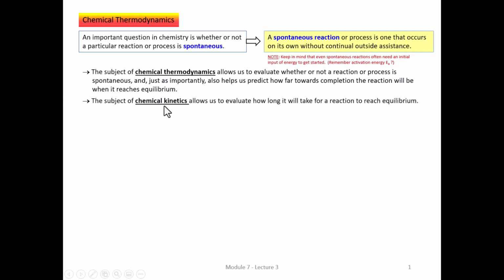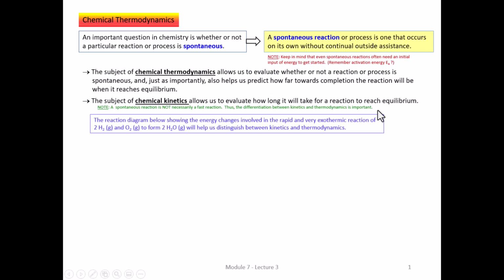On the other hand, the subject of chemical kinetics that we covered previously allows us to evaluate how long it will take for a reaction to reach equilibrium. A spontaneous reaction is not necessarily a fast reaction. Thus, the differentiation between kinetics and thermodynamics is important.